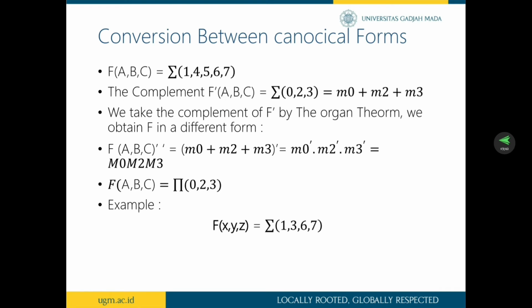So if we have a function in sum of product, the minterms are 1, 4, 5, 6, and 7.